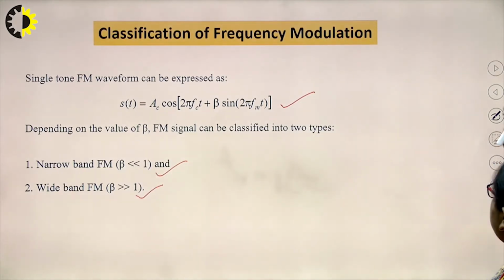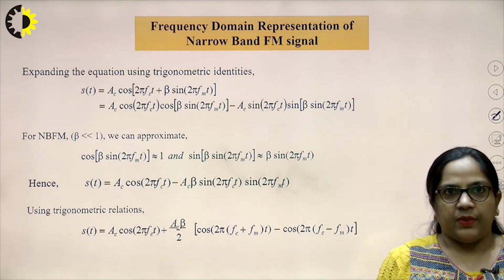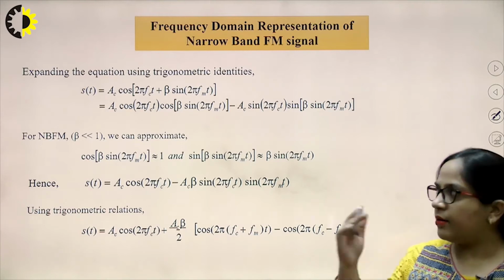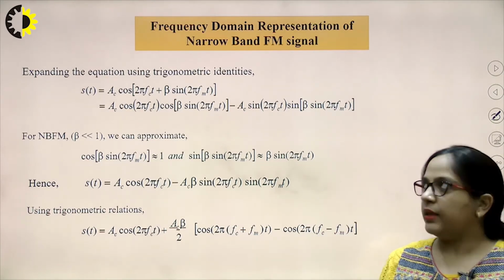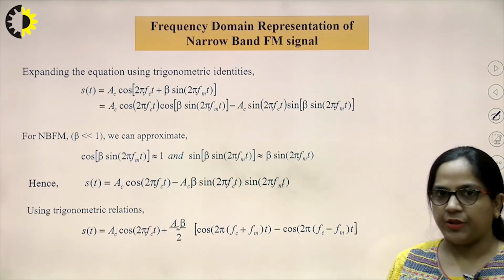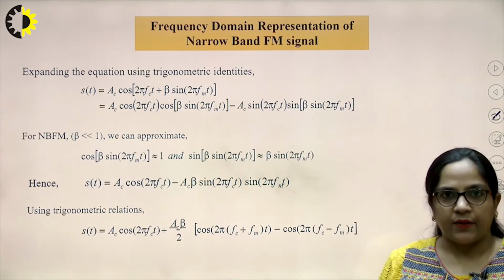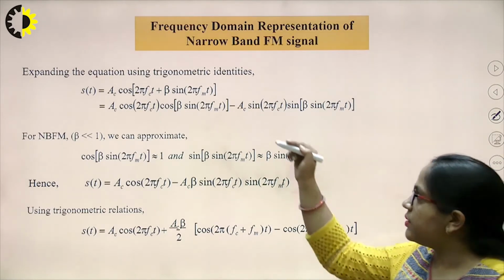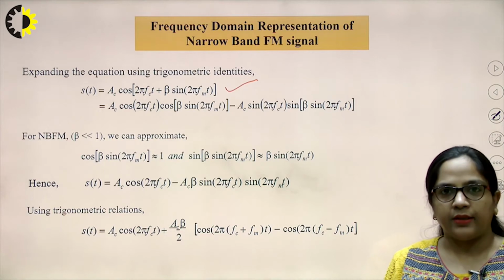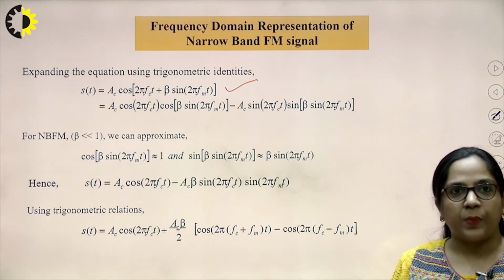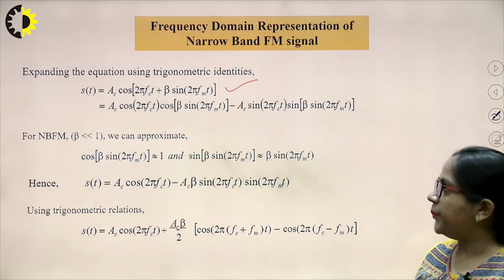Now let us start with narrowband FM. How can we convert the standard single tone FM expression into a narrowband FM expression? To obtain the expression for the narrowband FM signal, let us first consider the standard single tone expression for a frequency modulated waveform, that is Ac cos(2 pi fc t plus beta sin 2 pi fm t).